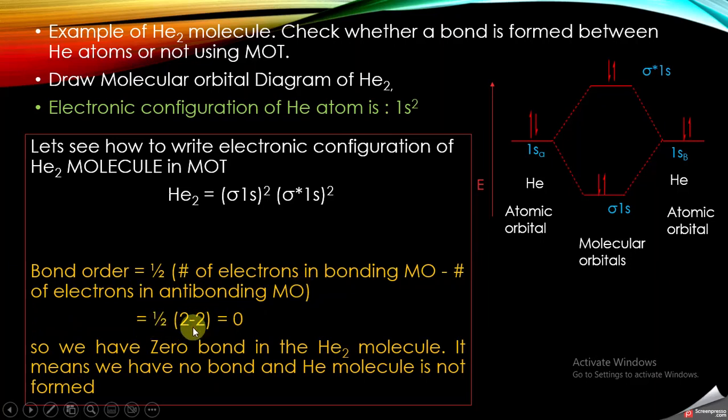We have 2 electrons in both, and if we solve this we get 0. So we have 0 bond order in the helium molecule, which means that we have no bond between helium atoms, and the helium molecule is not formed. So this molecular orbital theory correctly predicts that the helium molecule is not formed because it is a noble gas and it has a complete shell.